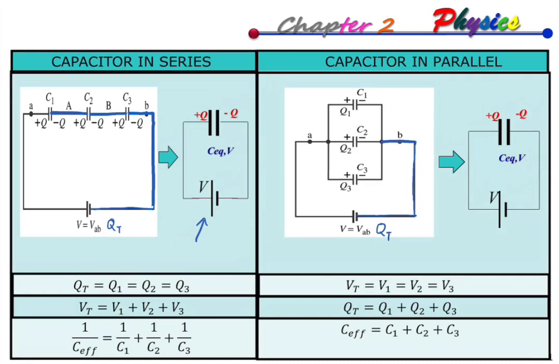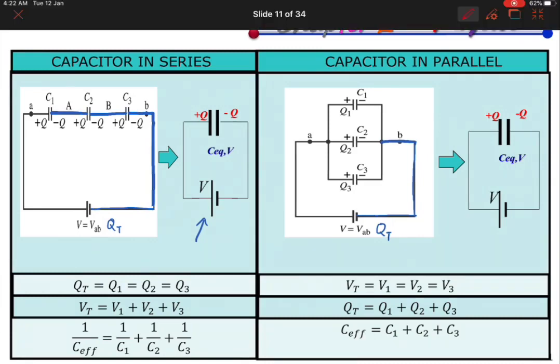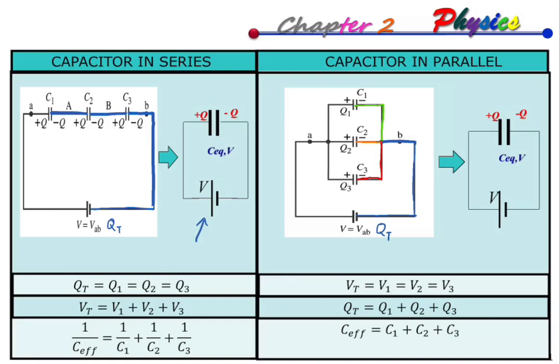And what happens is that the charges will split off. From here, charges will go to C3, and this will flow here, and this will flow here. So as you can see, the total charge will split off at the junction and then flow to each capacitor. The total charge is not equally distributed across each capacitor. And this is why if we try to find the total charge for capacitors in parallel, we will get the total charge to be equal to Q1 plus Q2 plus Q3.